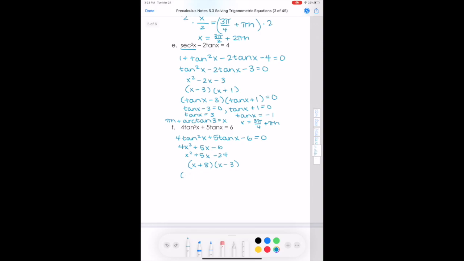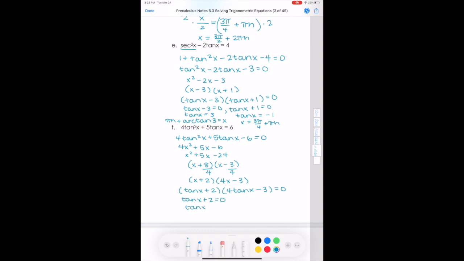So I gotta back up. Divide the 4 back into both of those using your little trick. Alright, now I switch it to tangent. So tangent x plus 2 times 4 times tangent x minus 3 equals 0. We set both of those factors equal to 0 and solve them separately.